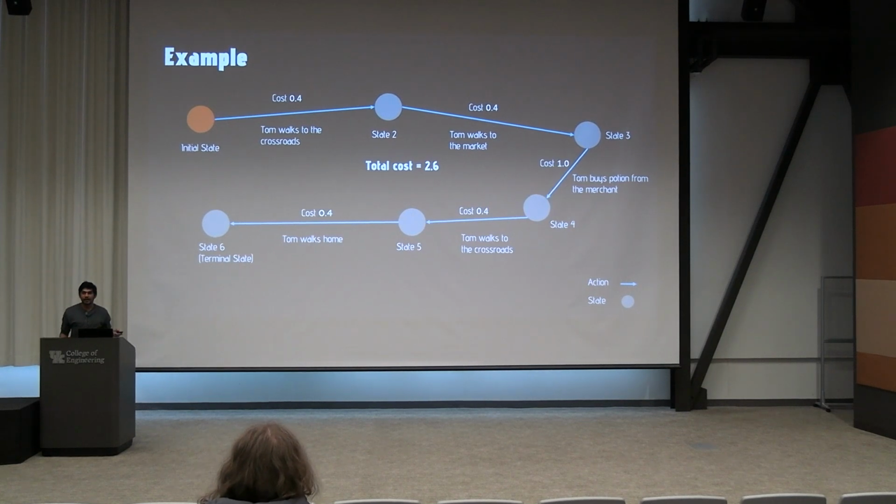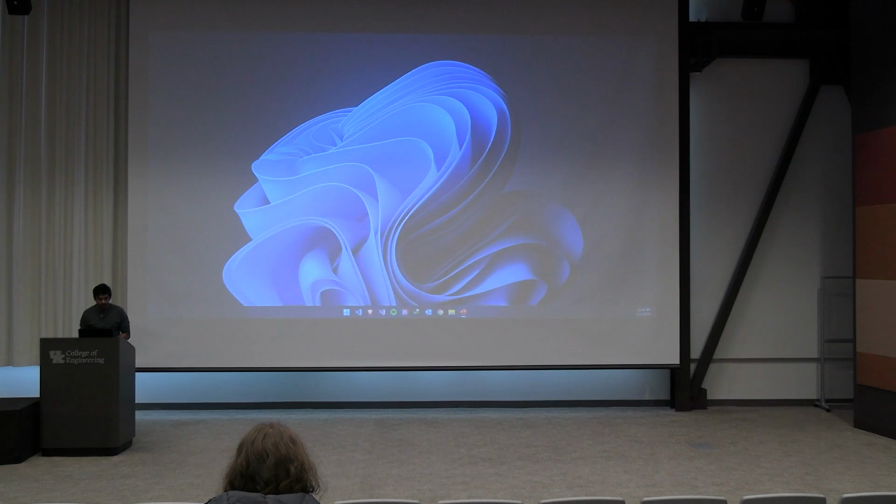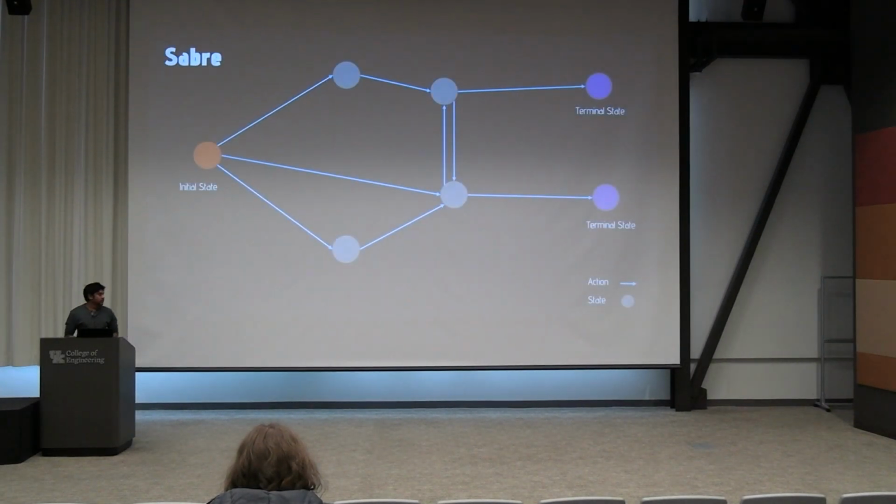The whole graph is generated by Sabre. The story graph is generated first using Sabre, and then we search through it to find a plan from the initial state to the terminal state.